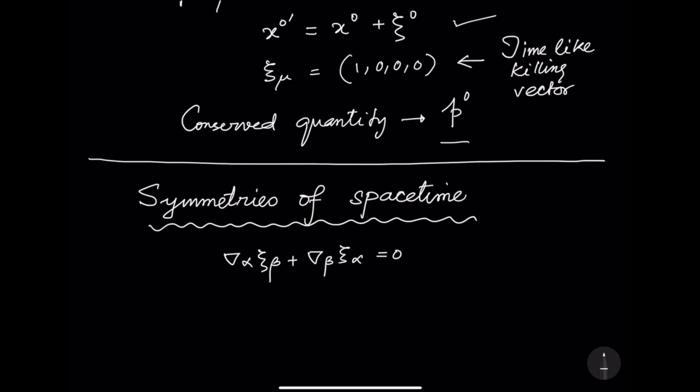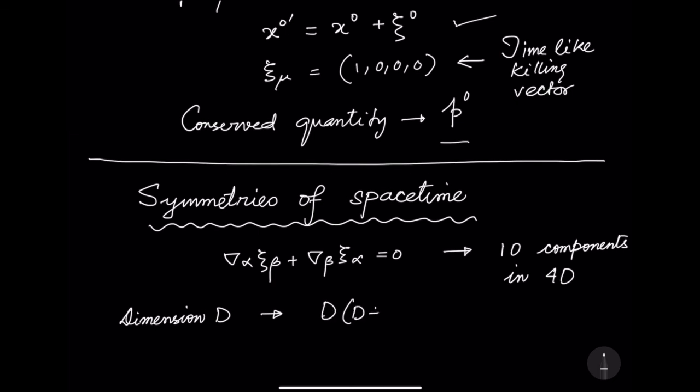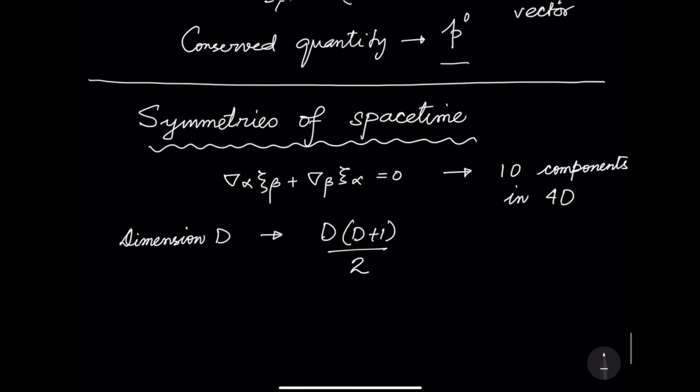Well, you realize that it's a symmetric second rank tensor, so it has 10 independent components in 4 dimensions, of course. So if I consider dimensionality to be d, the number of equations I have here is d into d plus 1 by 2. If d equals 4, it's 4 into 4 plus 1, which is 4 into 5, 20 by 2 is 10.